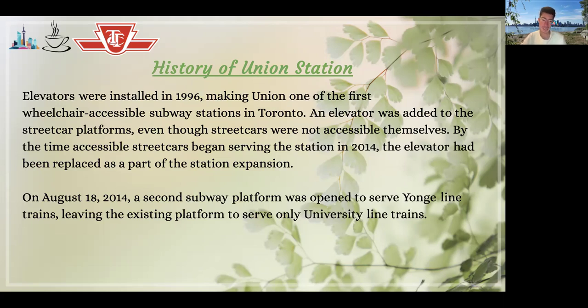And on August 18, 2014, a second subway platform was opened to serve the Yonge Line trains, leaving the existing platform only to serve University Line trains.